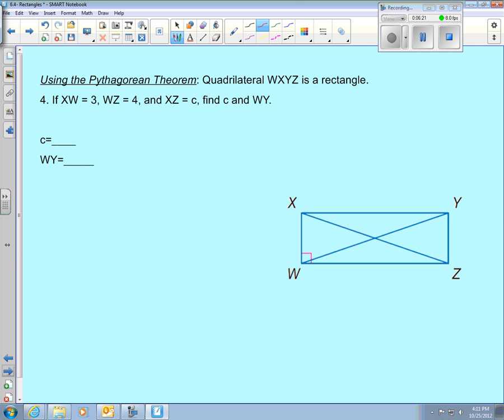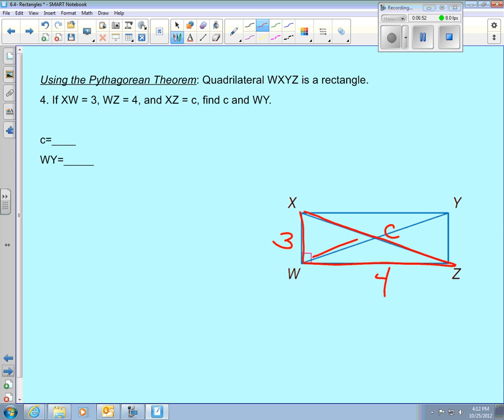Lastly, using the Pythagorean theorem, quadrilateral WXYZ is a rectangle. So we know it's a rectangle. If XW is 3, and WZ is 4, and XZ is C, find C and WY. Well, that's easy enough. We can see right here we have a right triangle, and we know to find the third missing side for a right triangle, we're going to go ahead and use our Pythagorean theorem.